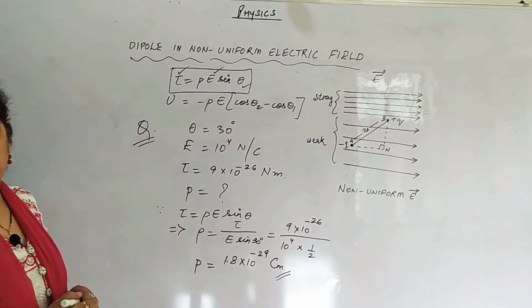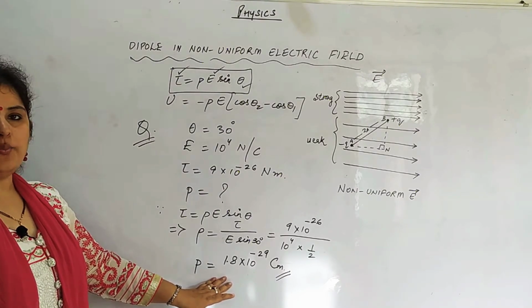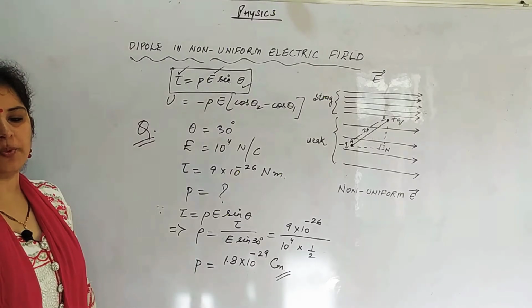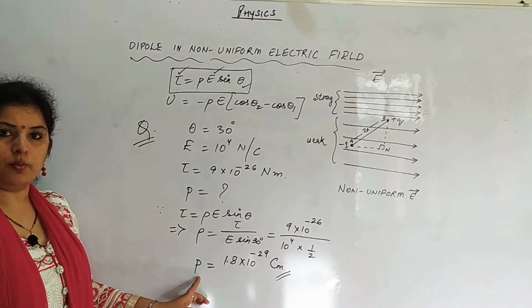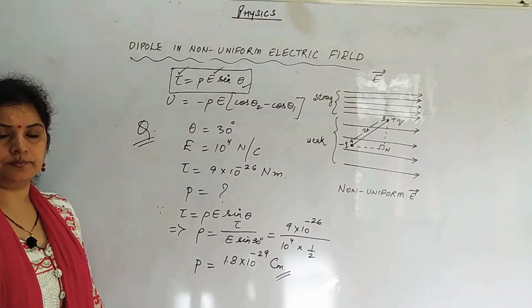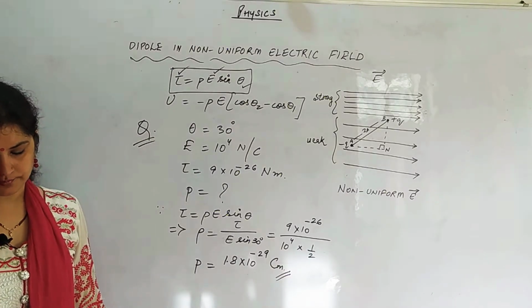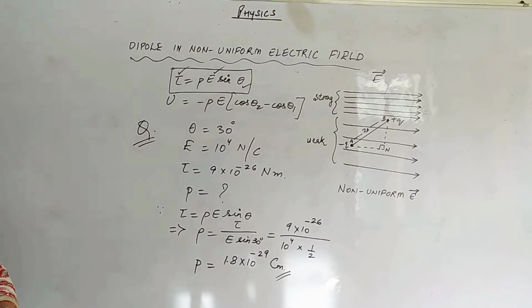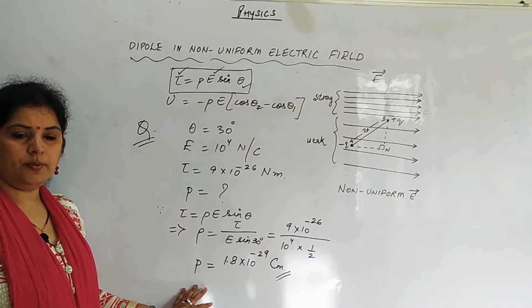Please check your calculations. This is 1.8 into 10 raised to power minus 29. The SI unit of dipole moment is charge into distance, that is coulomb into meter. I hope you have got the answer. Should we proceed?